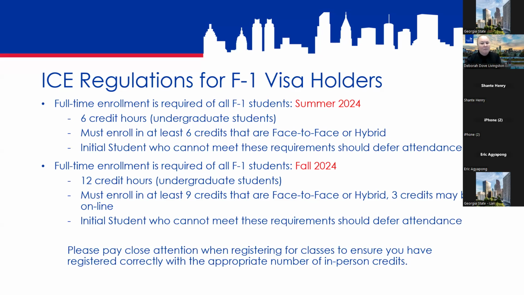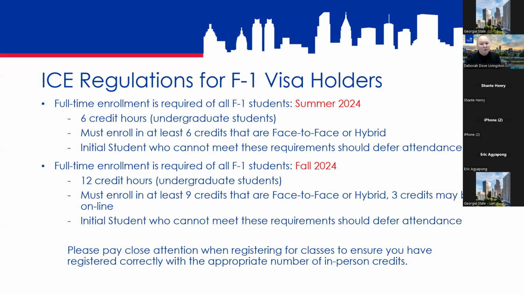Students must maintain enrollment for the entire semester for the minimum credit hours. Initial students that cannot meet the requirements should defer their attendance. There is no allowance for fully online class registration for students holding F1 immigration status.